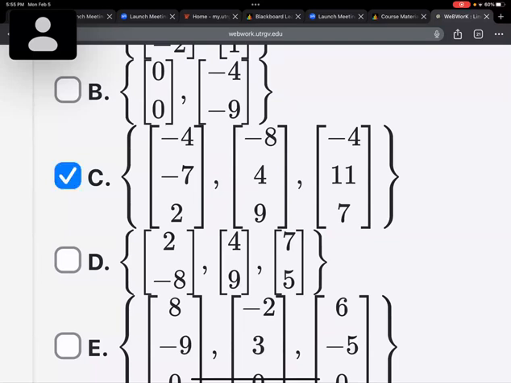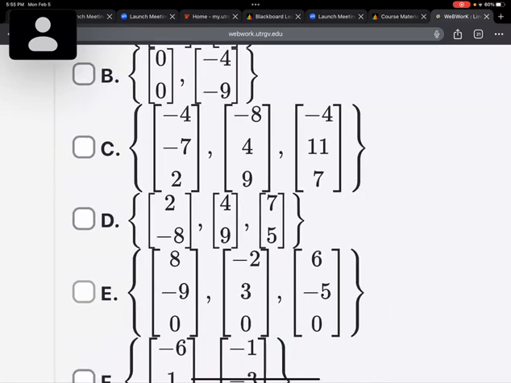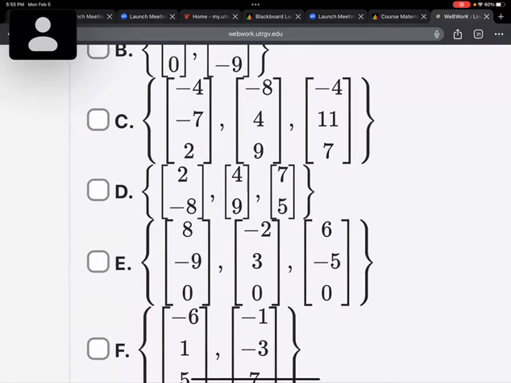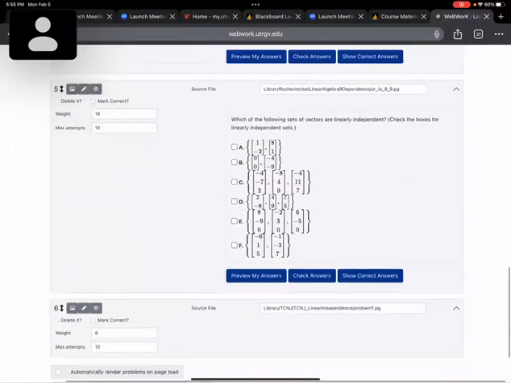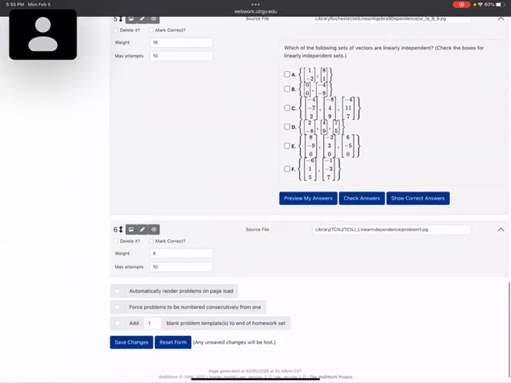Minus 10 minus is 7, plus 4 is 11. And minus 2 times 9, minus 2 plus 9 is 7. So you see that's linearly dependent. So I think they probably want you to do this in your head. But if you cannot do it in your head, you just do the long way, okay? And the last one.